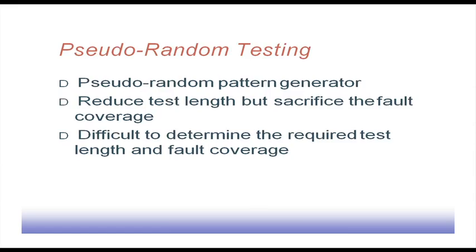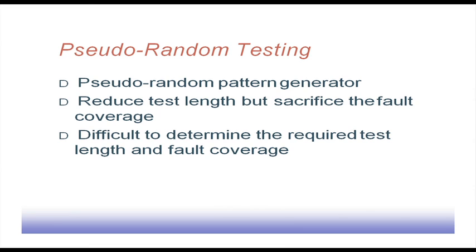Unlike deterministic testing, where we know that the first few patterns in the test pattern set are very good and detect a large number of faults, in the case of this BIST policy we do not have any control over the patterns that are getting generated. So we cannot assume that the first 100 patterns will be sufficient for testing the circuit. We need to apply all the patterns, so the test time becomes prohibitively large when the number of inputs is more than 20.